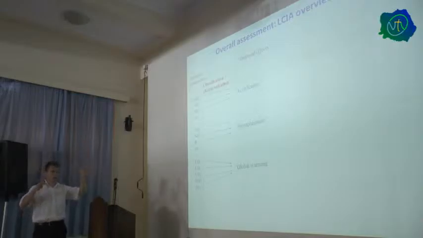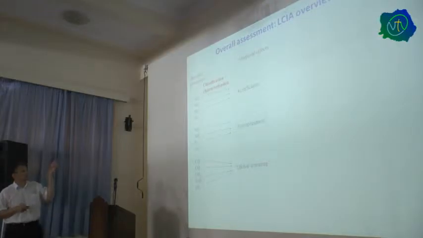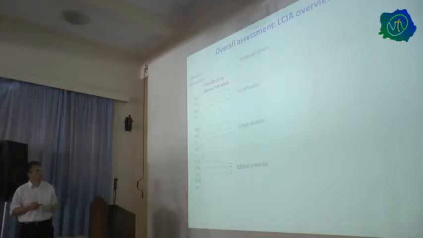The LCA structure typically is divided into two phases or two steps in this aggregation. One is based mainly on natural sciences, so what is the actual contribution in a molecular or physical or chemical sense to these different effects that are listed on the midpoint effect level.